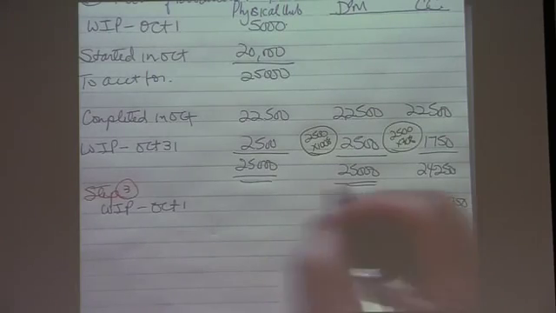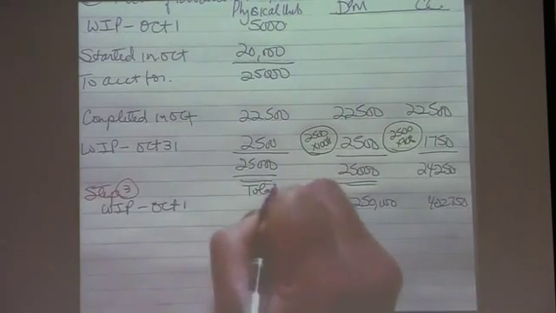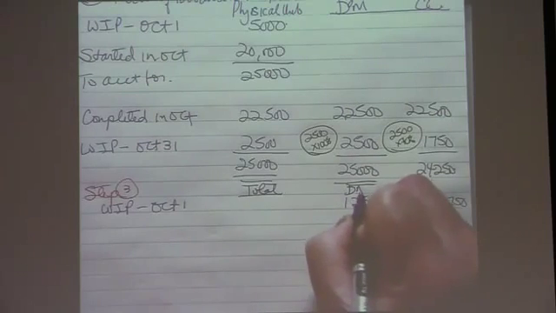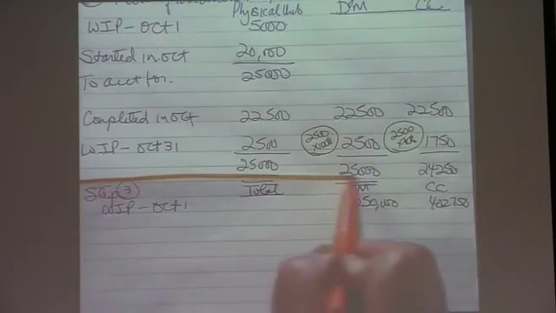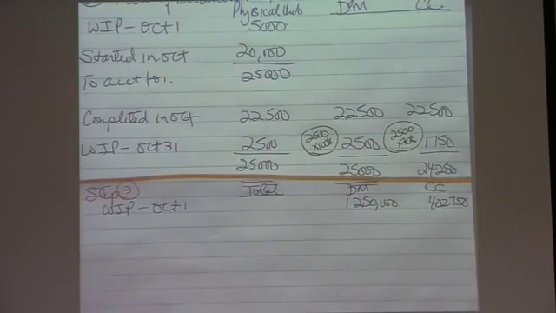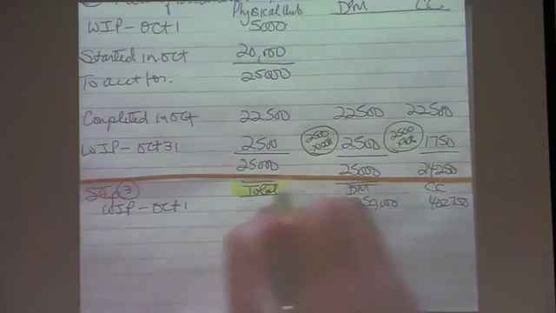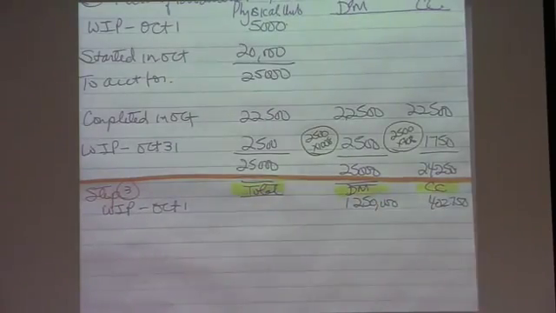I'm going to write the word total here because I want to redo these columns. Maybe I'll highlight this one in yellow, to try to make it as easy to identify as possible.